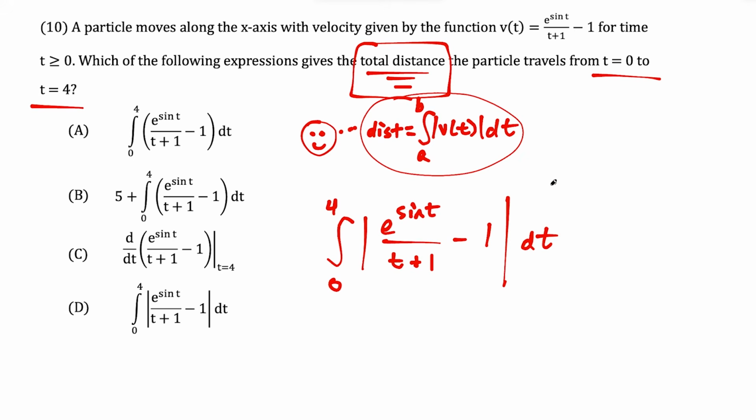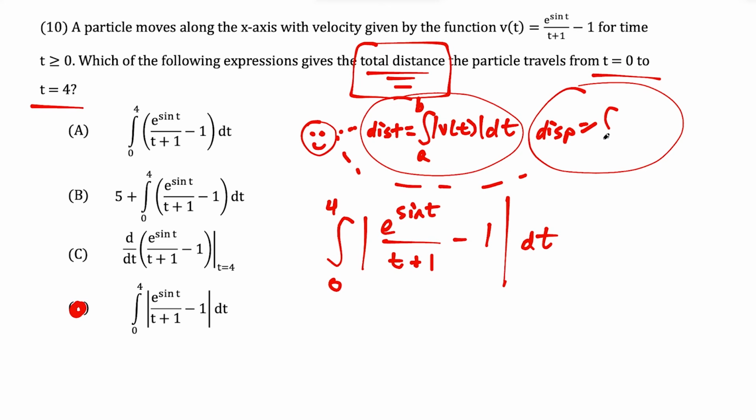Now we scan the answer choices, and this matches up with choice D. Choice A is very close, but it would actually tell us the displacement. Displacement is similar to this formula, but it's a different concept. Displacement is equal to the integral from a to b of just the velocity function.